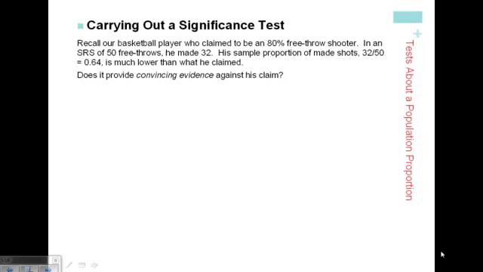We said, make this person shoot 50 shots. In this particular instance, they make 32 out of the 50 shots. And we asked the question, is that 32 out of 50 convincing evidence against the claim that they're an 80% shooter overall, if you look at all of their shooting over a lifetime?